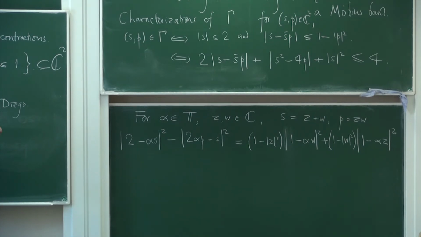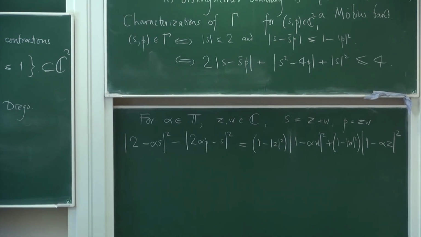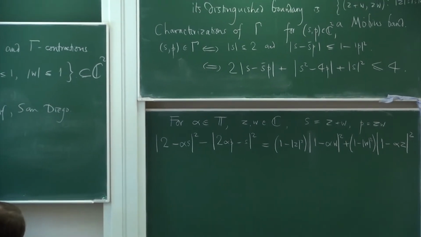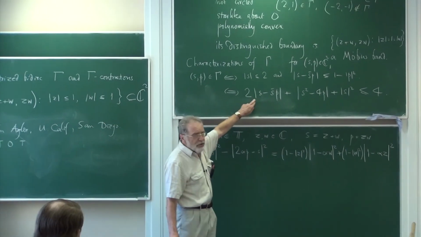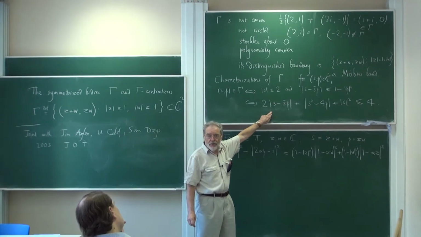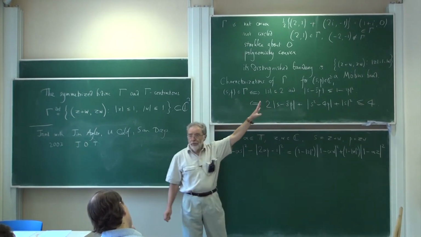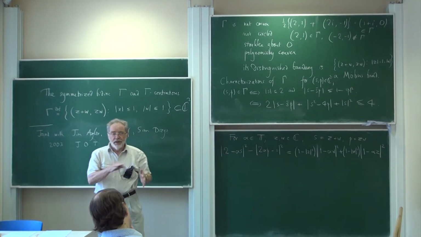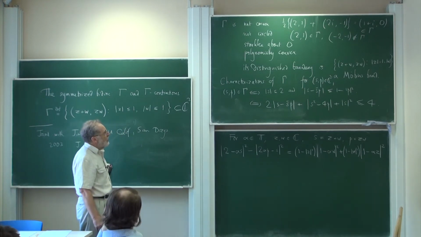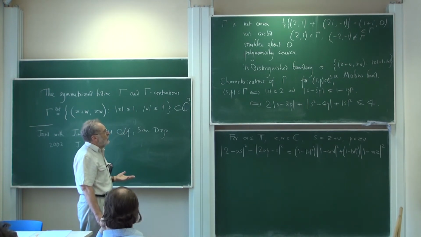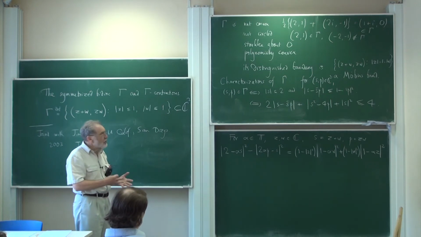So this tells us something quite interesting. See, if we come back to these characterizations up here, these are very hard to deal with when you're trying to do function theory, because you've got all these modulus signs and complex conjugate signs in there. And so you're trying to construct a function from the disk into gamma.